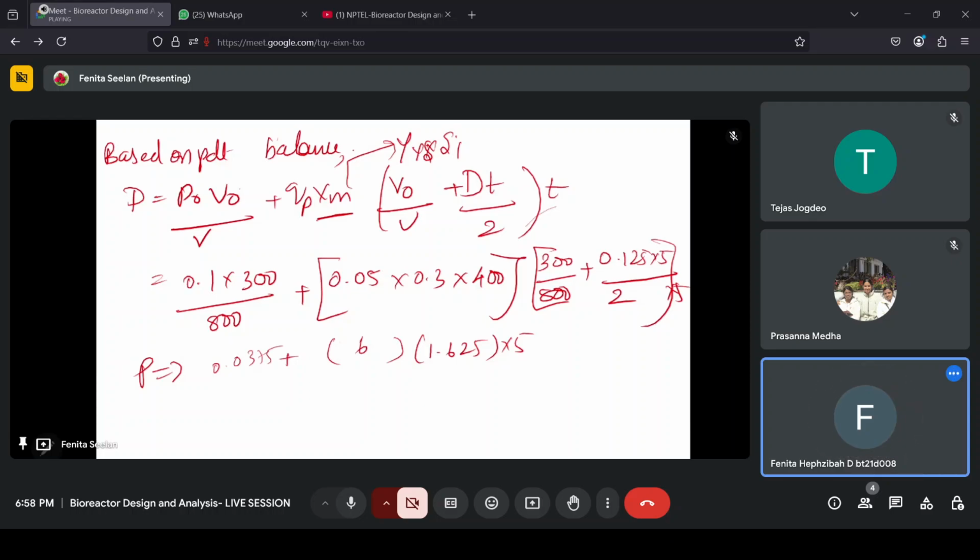It's 300 divided by 800. 0.125 into 5 divided by 2. This 0.375.